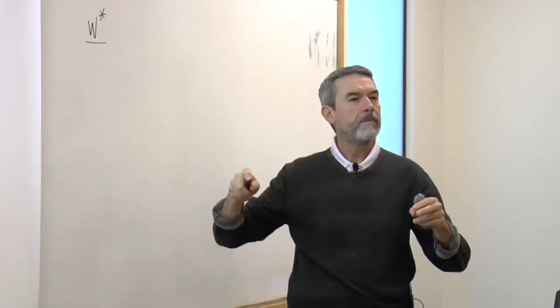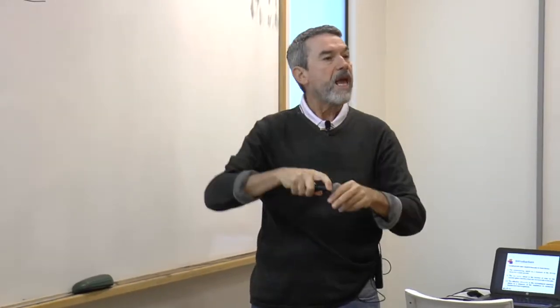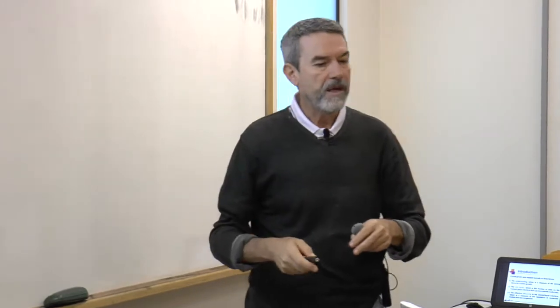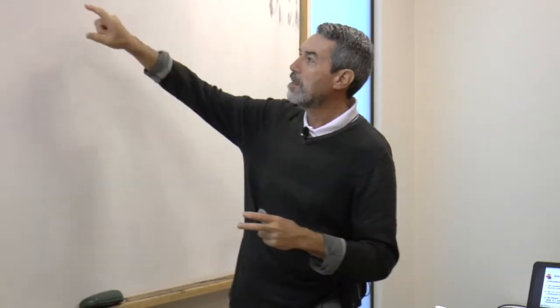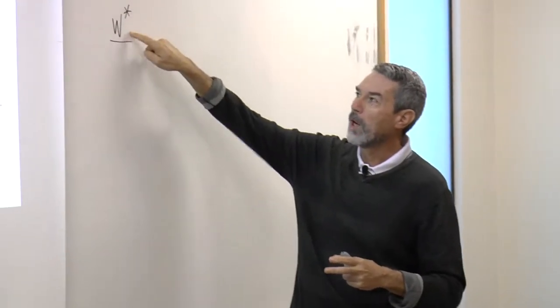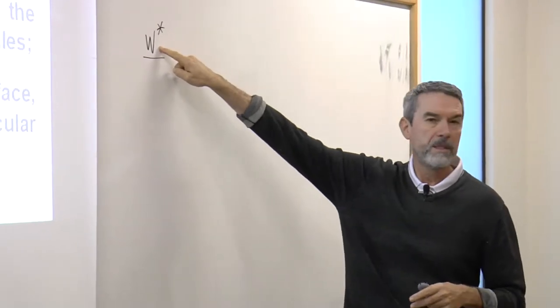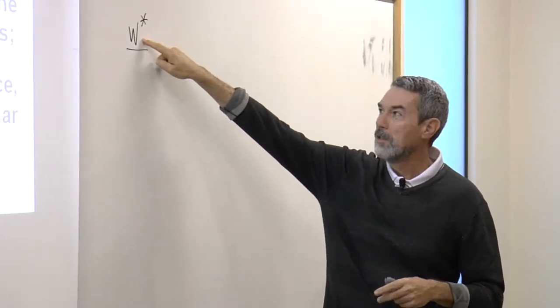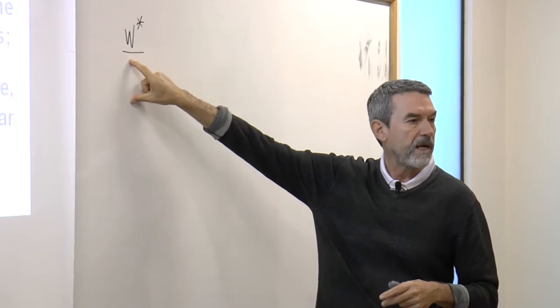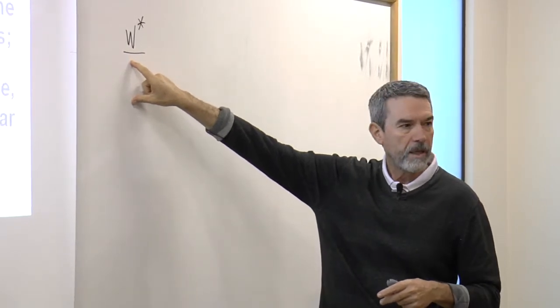Fluctuations form and decay in a heated system if they are below a certain critical size. Only fluctuations above a certain critical size can grow. W, from work, is the minimum work of formation of a critical size nucleus.